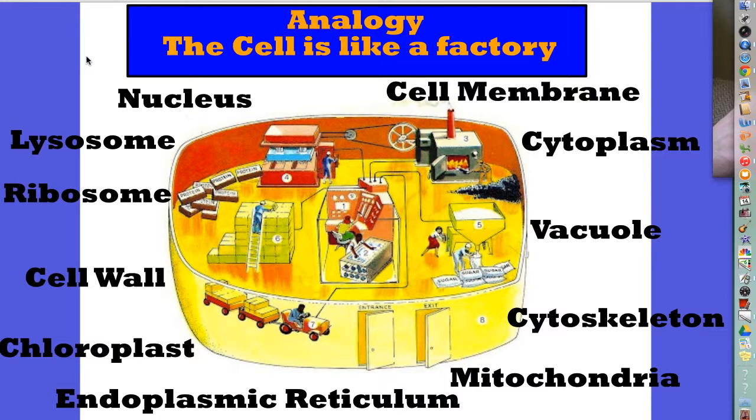Oftentimes you have things that are created that are defective or worn out, or as a process of making things in the factory, things get messy and they have to be cleaned up. And so you have custodians, janitors, you have repair people that are inside of the factory cleaning up, fixing things, replacing things, breaking things down that need to be gotten rid of.